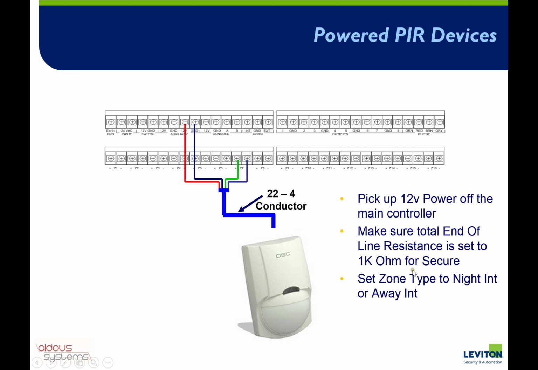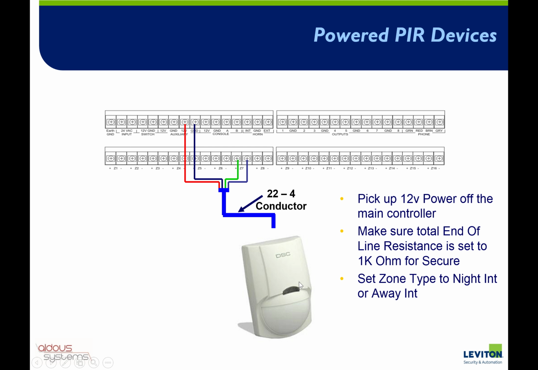So to do that, we put a 1k ohm resistor in the PIR, not back at the panel, at the PIR end. And basically the system is running a little current through those wires all the time, checking the impedance. And at 1k ohms, it's secure.